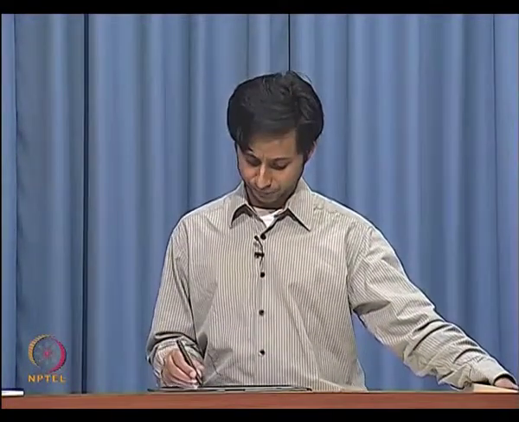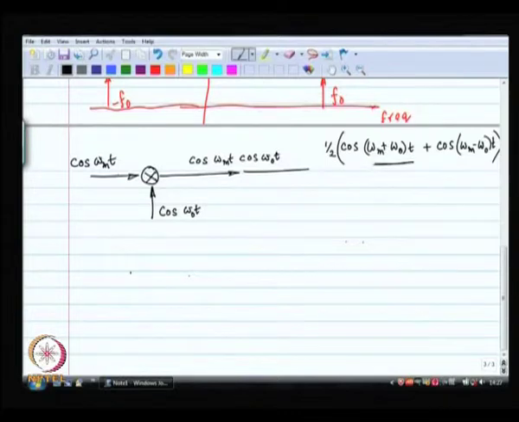Now, is there a way to get rid of one of these two components? I would like to keep this, let us say I would like to keep this, but I do not want to keep this one. There should be a way. So, what do I need to generate? I need to generate cosine omega m plus omega naught t minus cosine omega m minus omega naught t.